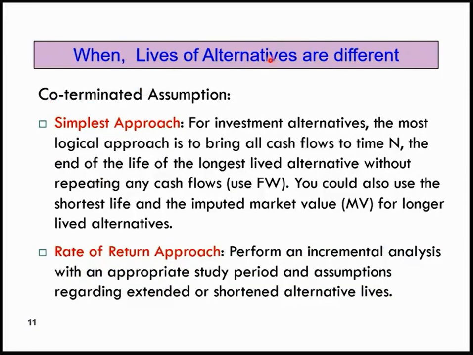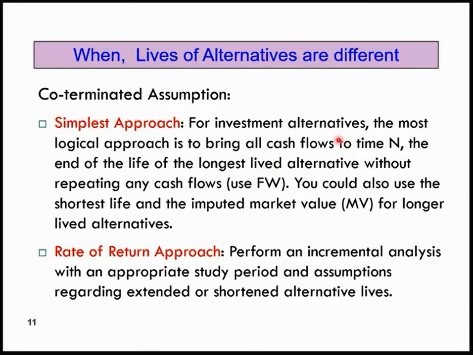When useful lives are different, and if the repeatability assumption is not valid, you can use the coterminated assumption. In the coterminated assumption, the simplest approach is to bring all cash flows to time n, let's say the longest lived alternative.